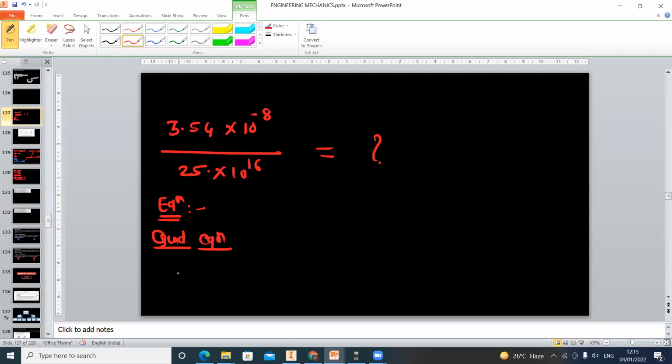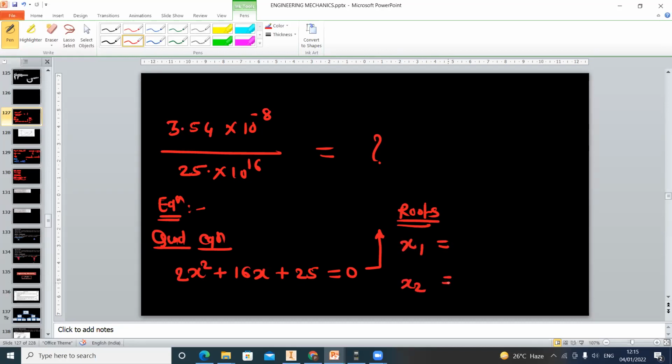Suppose you have the equation 2x square plus 16x plus 25 equal to 0. For this quadratic equation, if you want to find the roots, this equation will have two roots. We'll take these as x1 and x2. So how to solve this equation directly in your calculator?